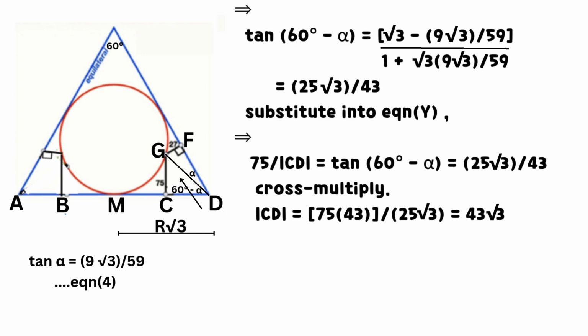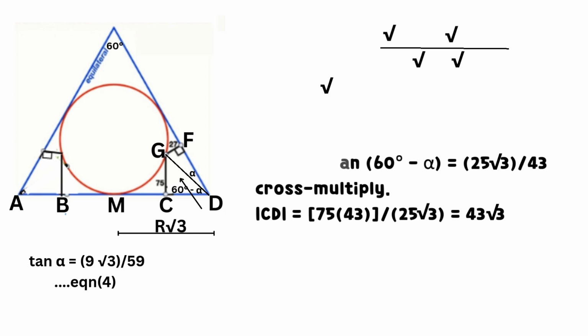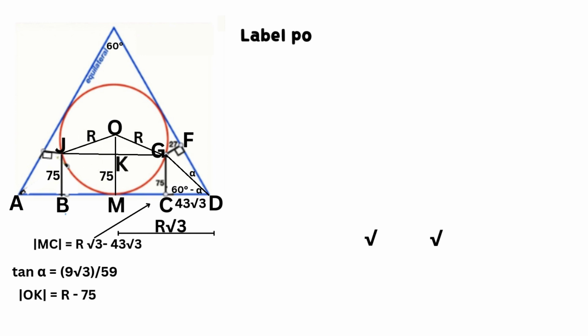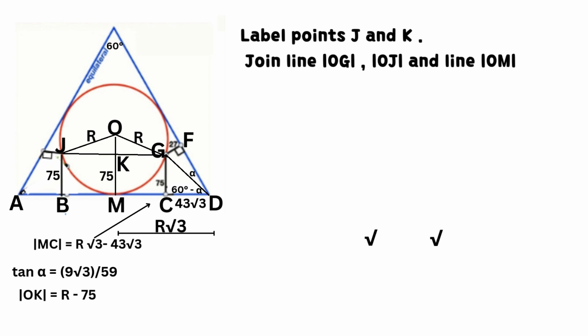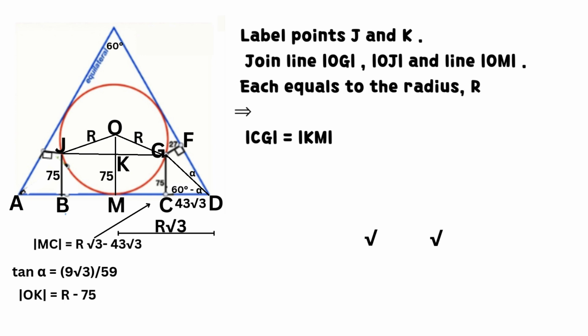Now, substitute this result into equation Y. Cross multiply and we have that line CD equals 43 times the square root of 3. Label points J and K. Join line OG, line OJ, and line OM, each equal to R, the radius of the circle.